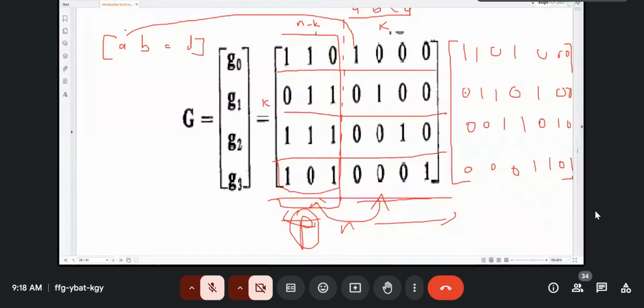And for you to concatenate two matrices, the rows must be the same size. So once you transpose this, you concatenate it with an identity matrix I n minus k, because the rows of this are n minus k.